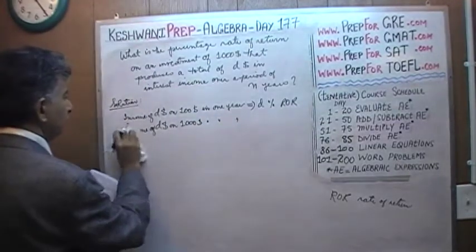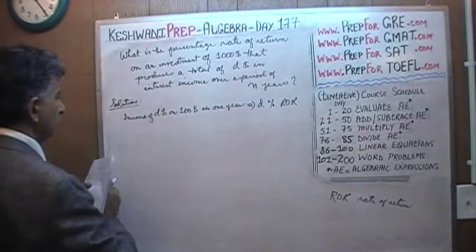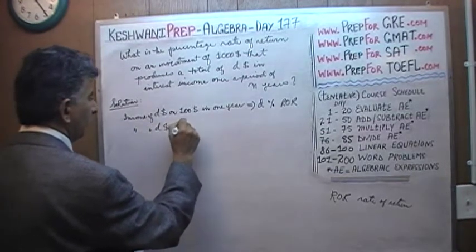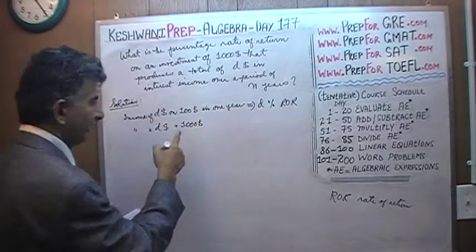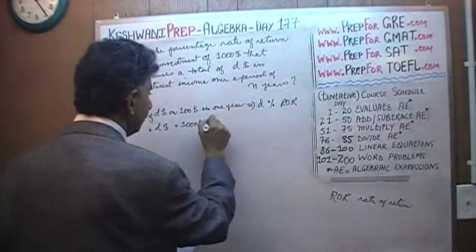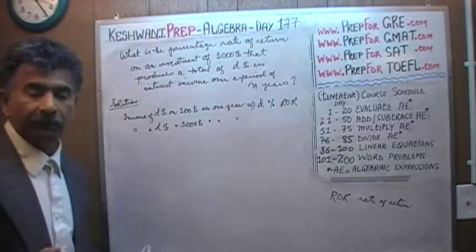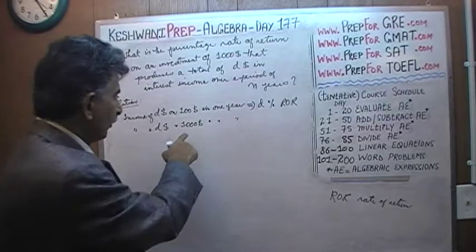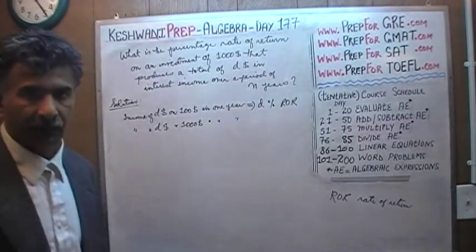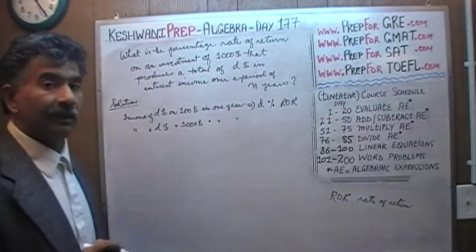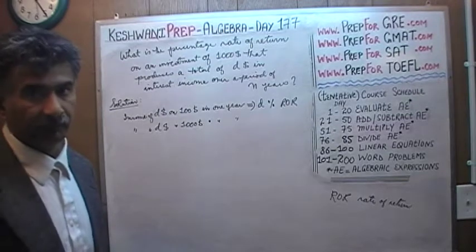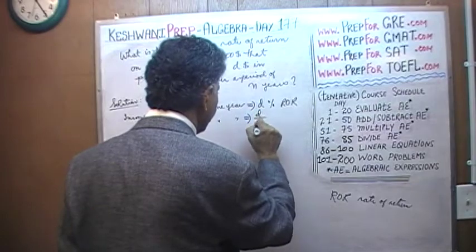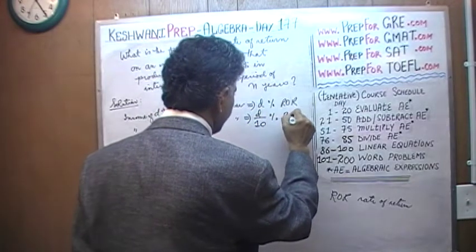An income of D dollars on an investment of $1,000, 10 times as much money, in 1 year. So if I'm given $7 at the end of 1 year as a result of the investment of $1,000, then in the case of $100, the return was 7%. Now it's going to be 7/10%. So it's going to be D over 10% rate of return.